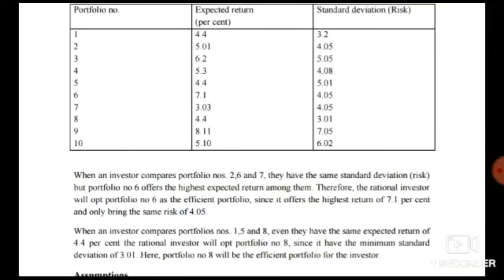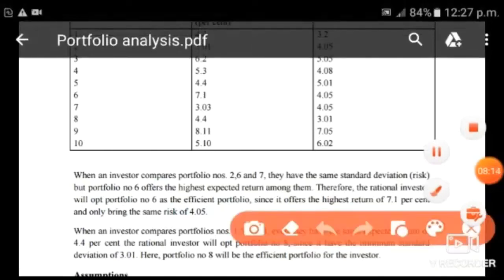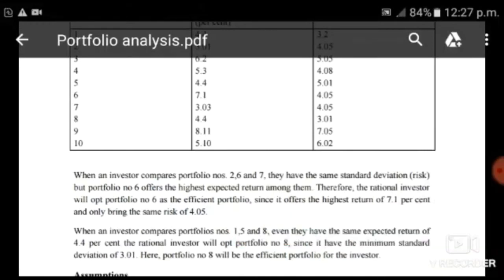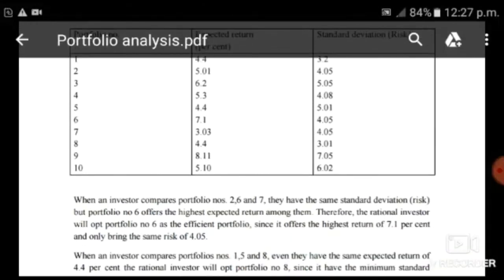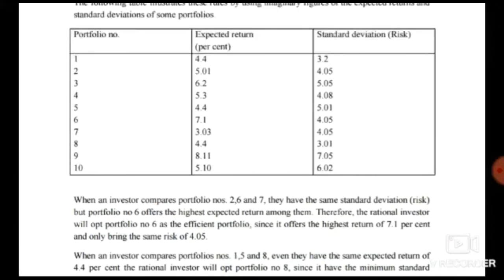So 2 has a return of 5.01 with a standard deviation of 4.05, and 6 has a return of 7.1 with a standard deviation of 4.05 itself, and 7 has a return of 3.05 with a standard deviation of 4.05. So here we are sure that at a risk of 4.05, portfolio 6 gives the highest return. So portfolio 6 has 7.1 return.